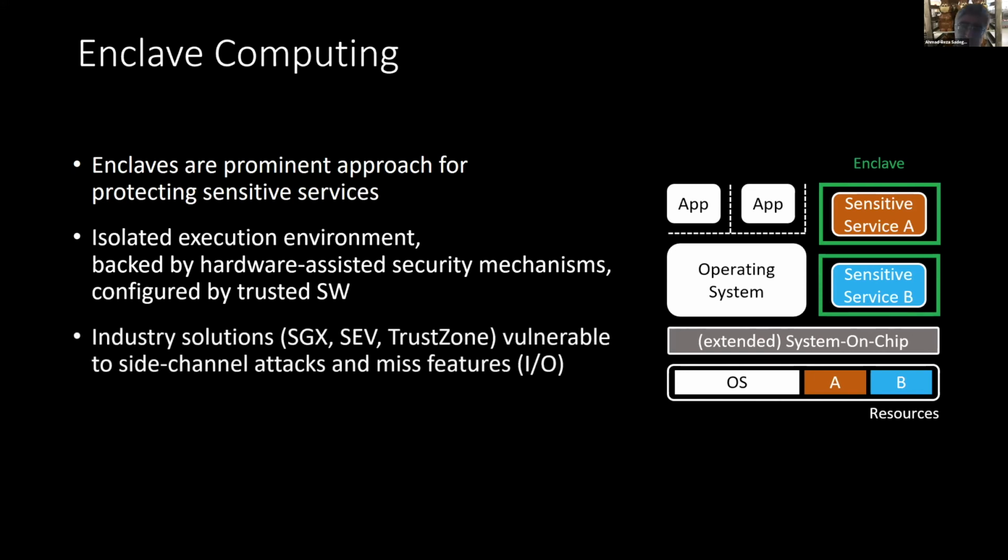The industry solutions: Intel SGX is one of the most sophisticated ones. Then we have AMD's SEV and ARM's TrustZone, which is already almost 20 years old. They provide some kind of trusted execution environment, some kind of enclave, and we have seen that they were massively targeted by side channel attacks, mostly based on shared resources like cache-based side channel attacks.